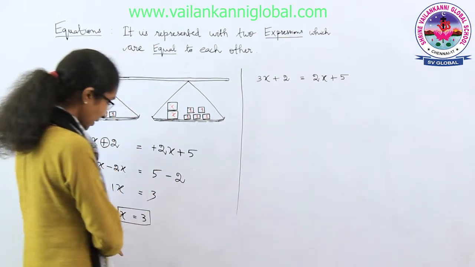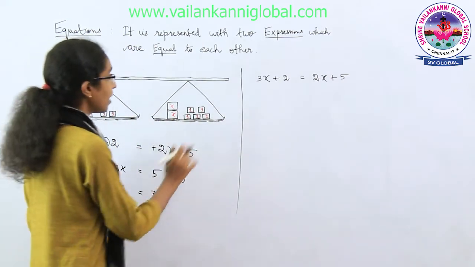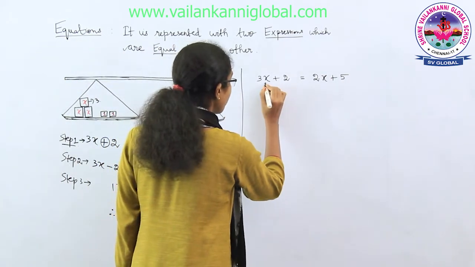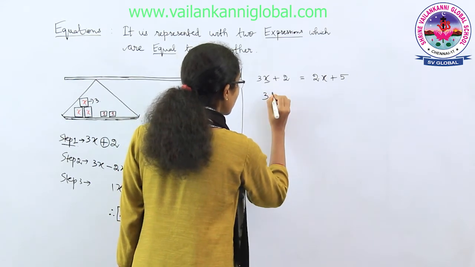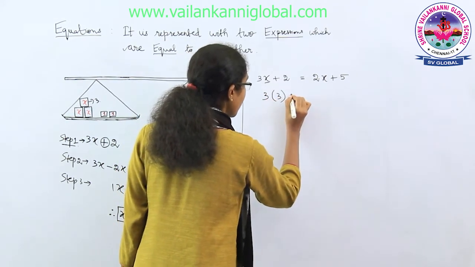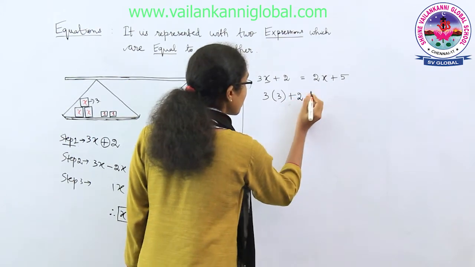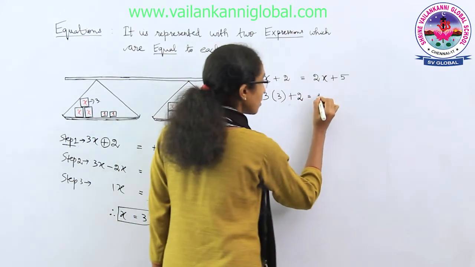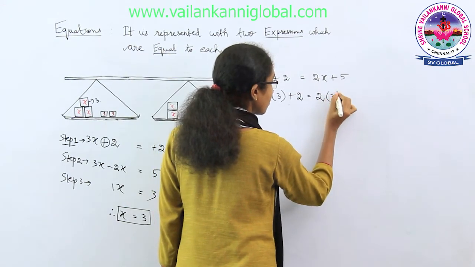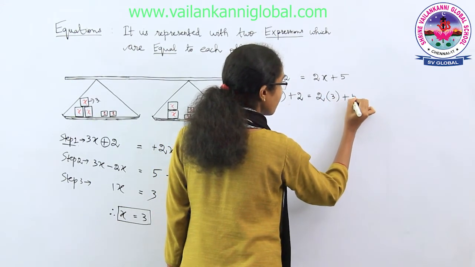So value of x is equal to 3. Hence we substitute 3 in the place of x. We get 3 multiplied with 3 plus 2 equal to 2 multiplied with 3 plus 5.